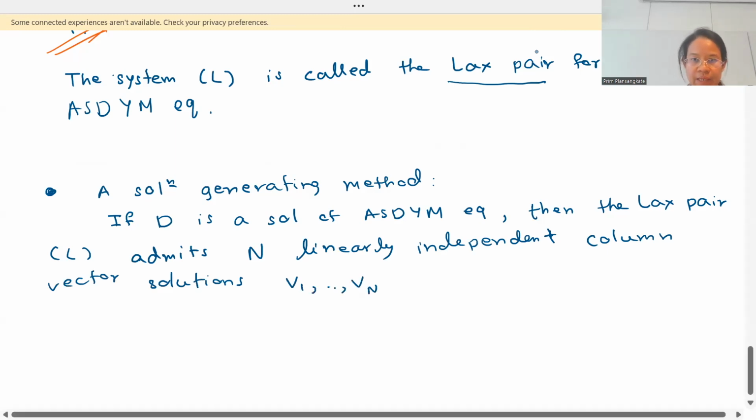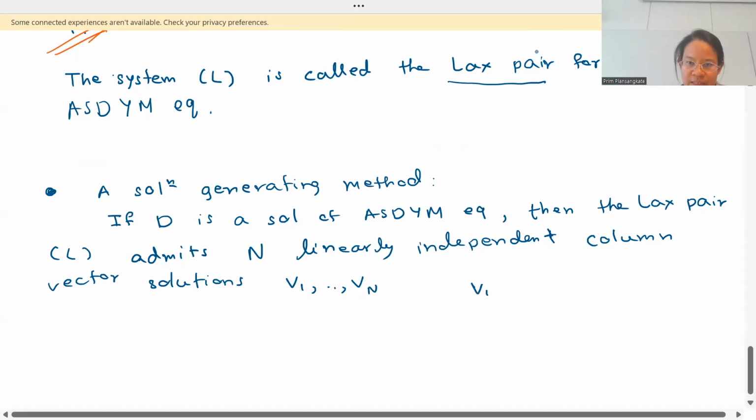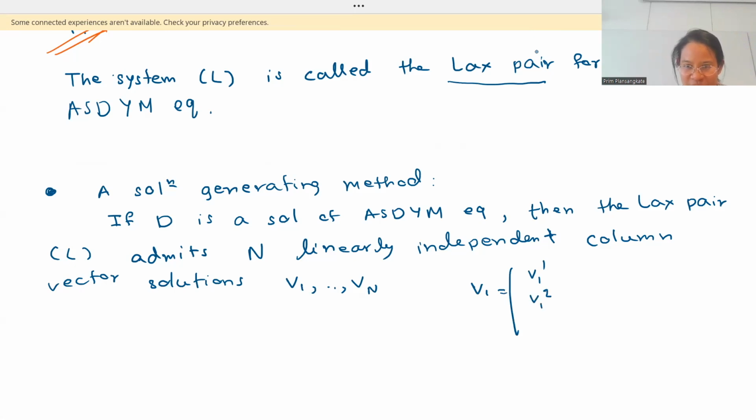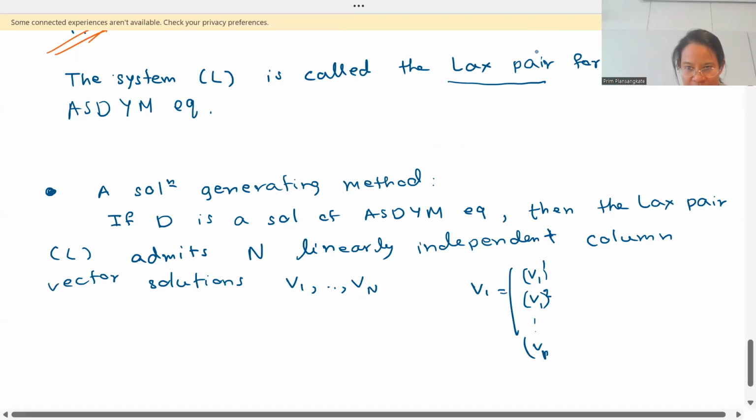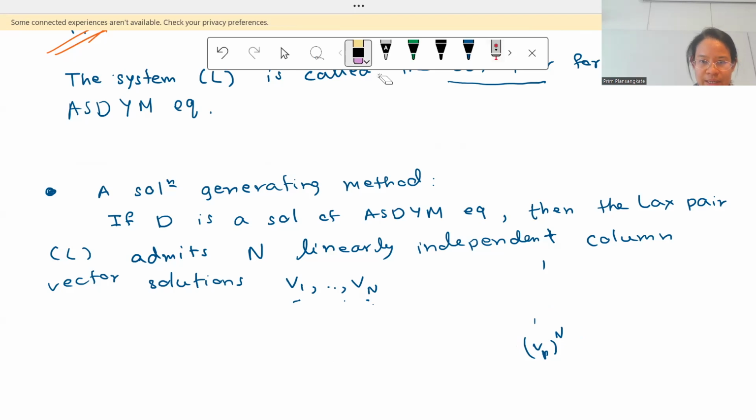By linear independence, I mean V1 is a vector, and you have each component, V1,1, V1,2, so V1 is the name, and you have components up to V1,n, right? And each component is a function. When we evaluate it at a point, the vectors are linearly independent, right? Okay, so we have n linearly independent column vectors.